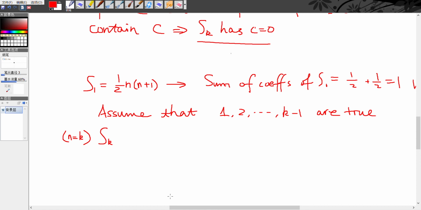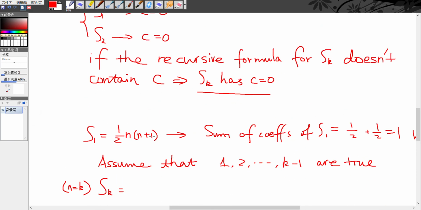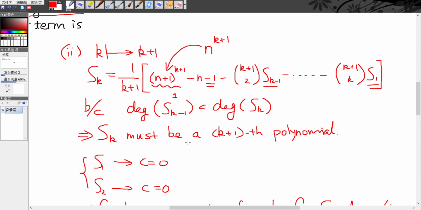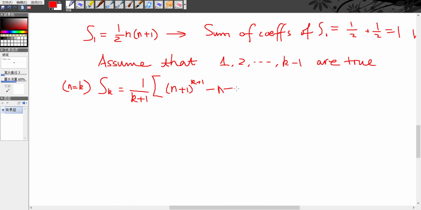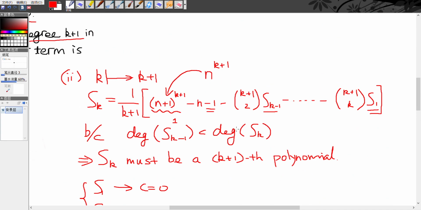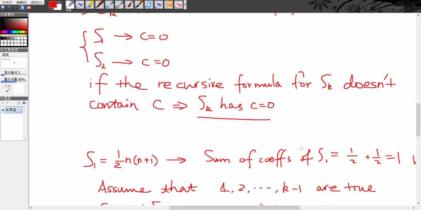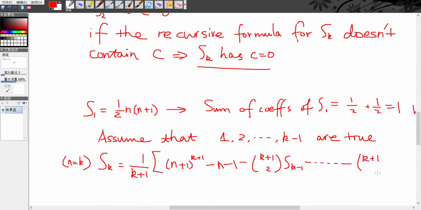So when n equals k, the expression s_k is equal to 1 over k plus 1 times (n plus 1) to the k plus 1 minus n minus 1 minus (k plus 1 choose 2) s_{k minus 1} minus, all the way to, minus (k plus 1 choose k) s_1.